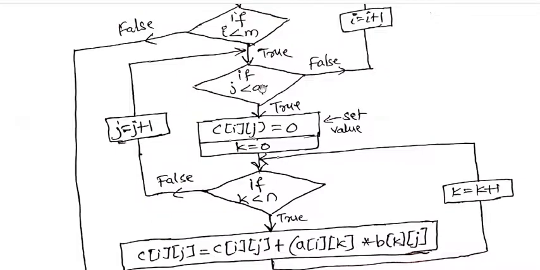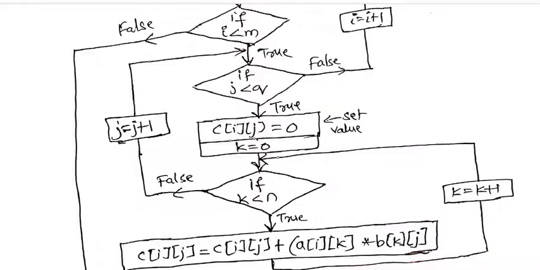As long as this condition is true, this particular loop will keep on running for many iterations. So we have one loop here, and enclosing that loop we have this loop j. So this is the first for loop, and this is the second for loop.